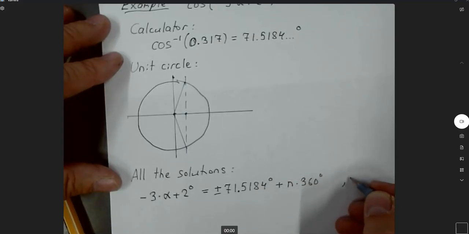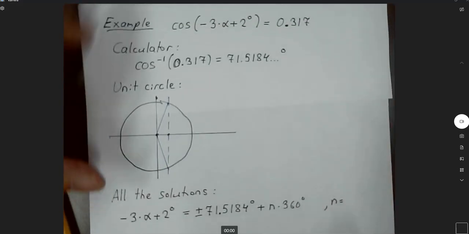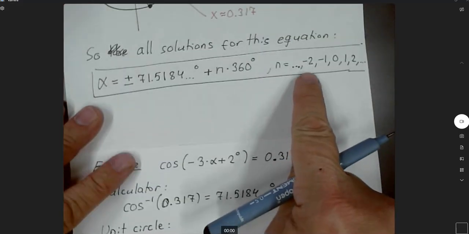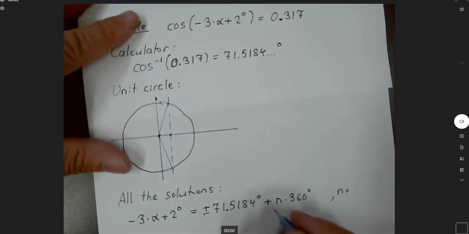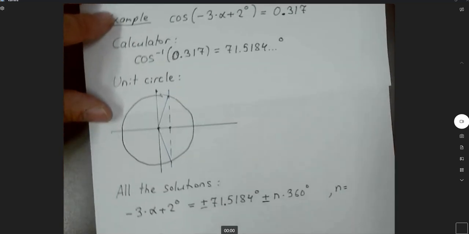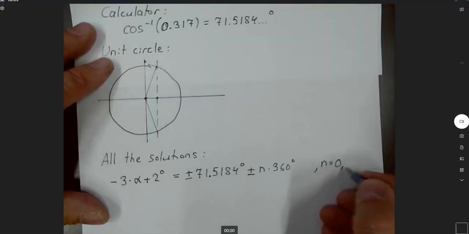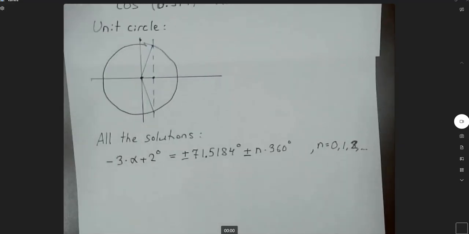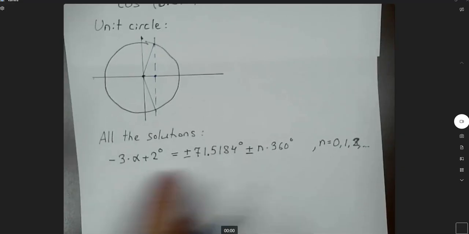And here n, I use this method here, so I will put the plus minus sign there, so I will need to use only positive integers there.